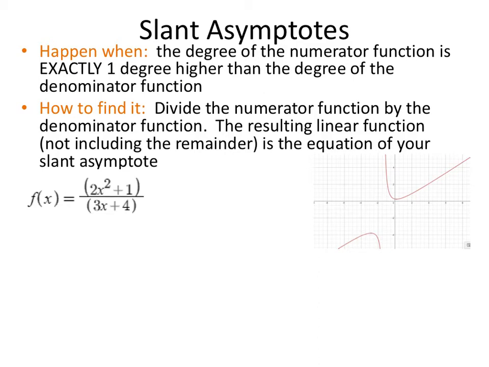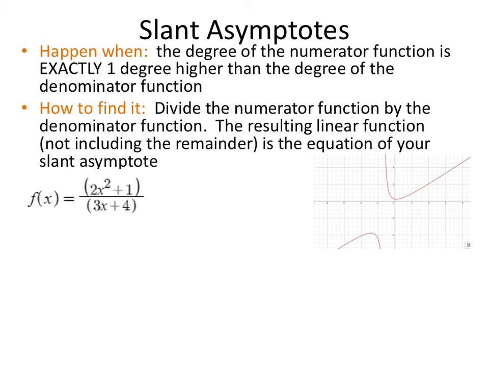If we divide by a function and the numerator is 2 degrees higher, that would give us a parabola, and 3 degrees higher would give us a cubic. So 1 degree higher is what really causes that slant asymptote to happen.